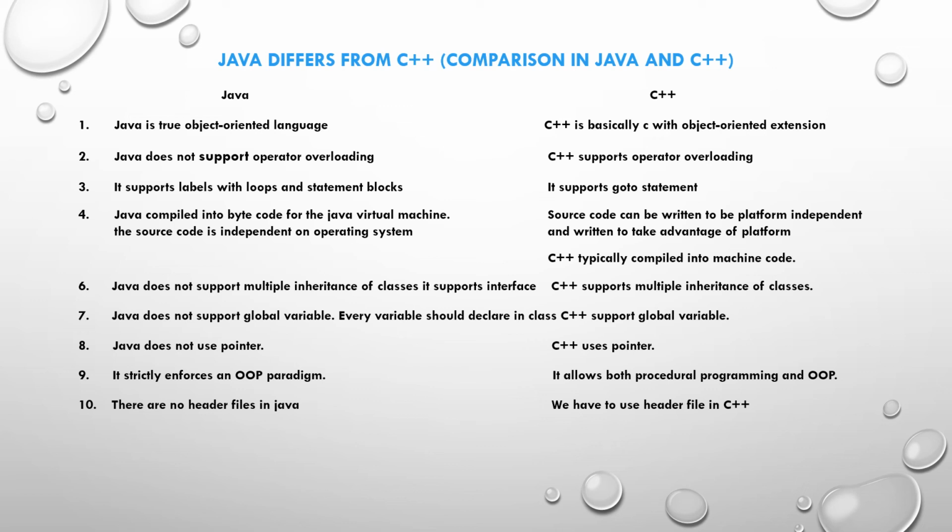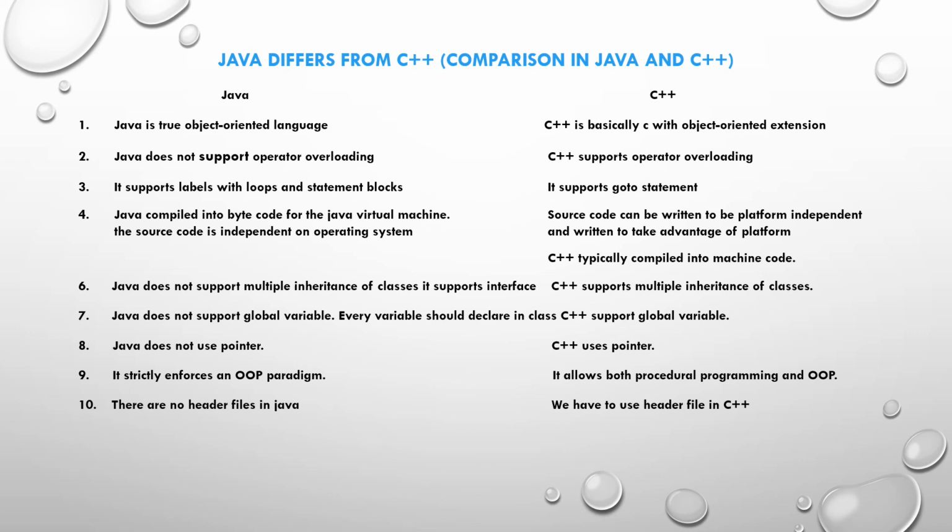C++ is typically compiled into machine code instructions. So normally Java is compiled into bytecode, then the bytecode into machine code. But in C++, it is directly transferred from the high level language to machine level language.